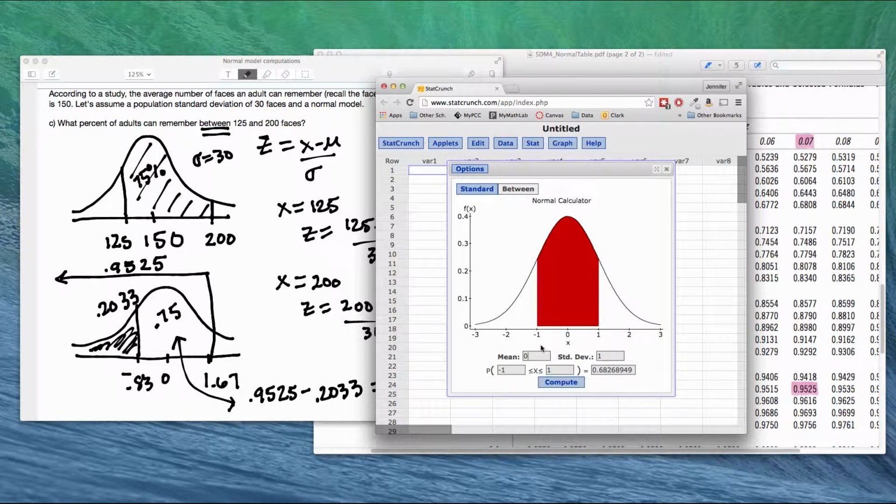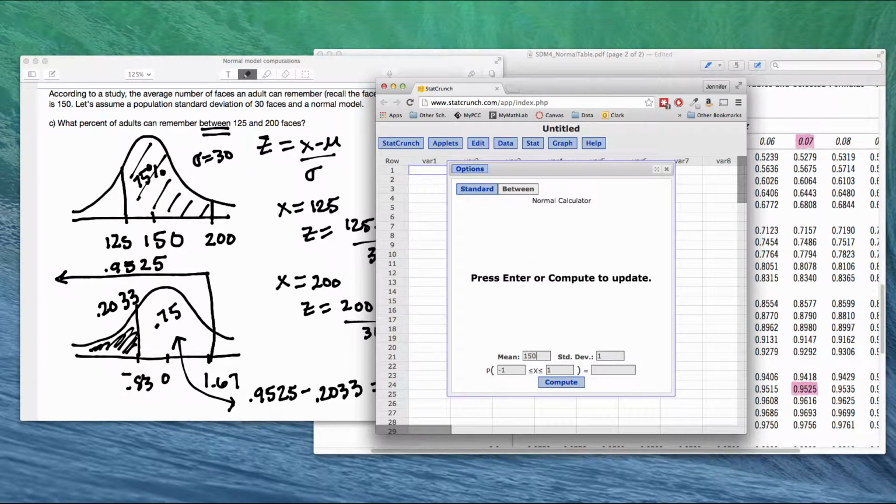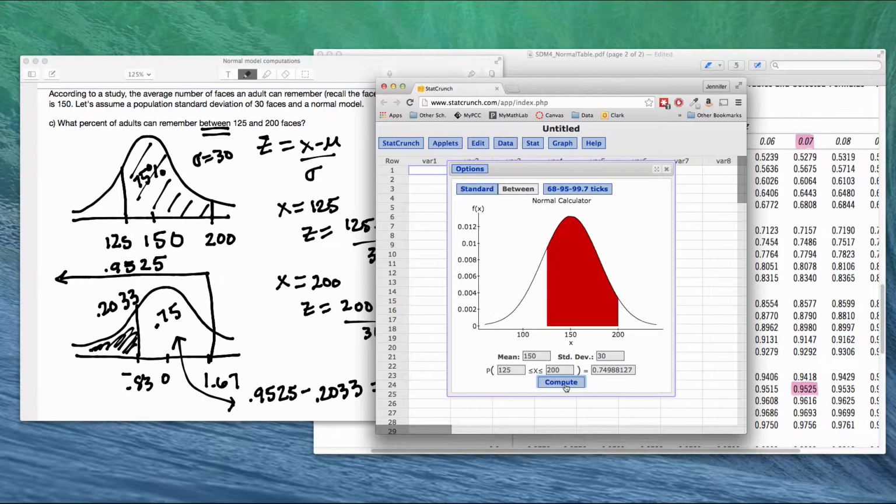We can put in our mean of 150, the standard deviation of 30, and then down below, this is where you put your two endpoints. We're finding a probability, that's what the P stands for. Probability that we are between 125 and 200 faces. So we'll just type in 125 and 200, push compute.